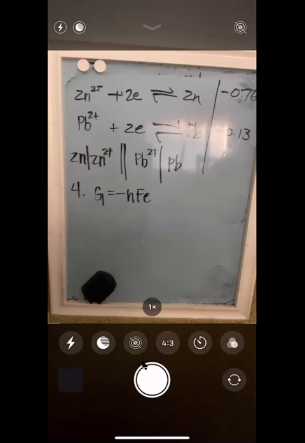And if that's the case, we remember that this is our anode, this is our cathode. We go minus 0.13 minus negative 0.76. So we can essentially put that in, and we know that we have minus 0.13 plus 0.76. But do we know our n? Do we know how many moles we have?